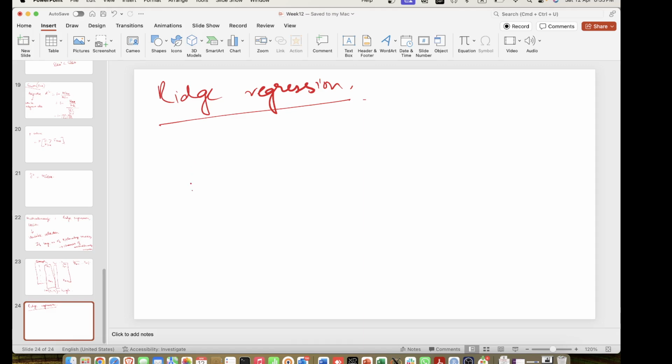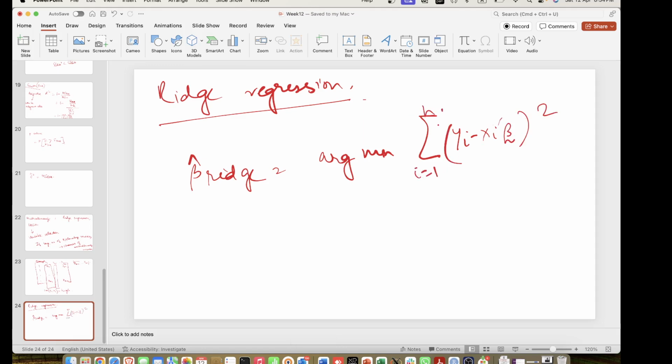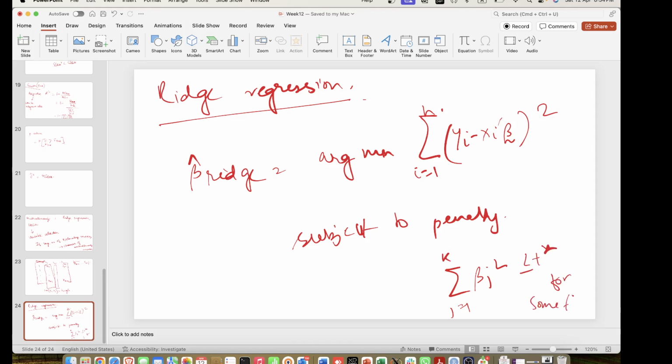It is finding beta hat ridge by minimizing the summation of yi minus xi prime beta whole square, i equal to 1 to n, subject to this penalty: summation bj square, j equal to 1 to k, is less than or equal to t star, for some t star greater than 0.